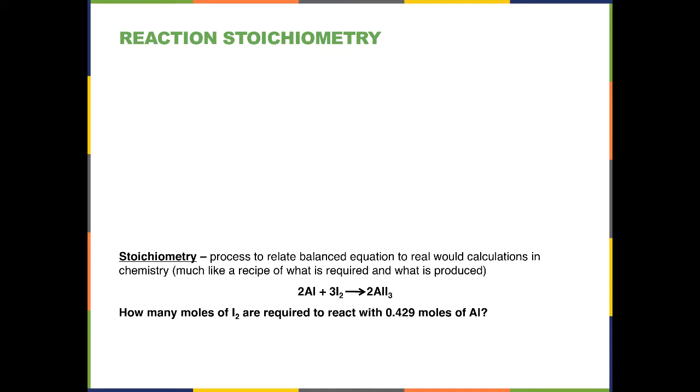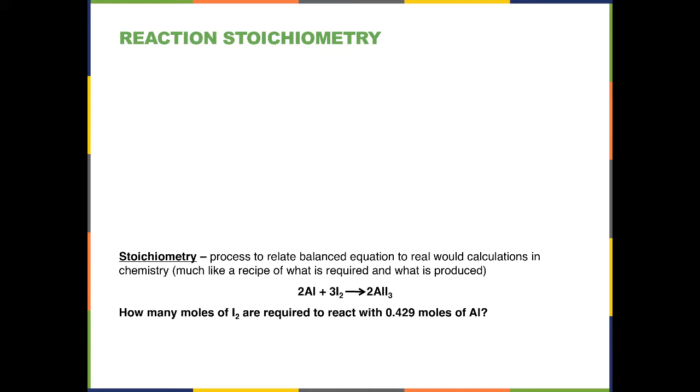And so what we can measure, if you remember from last week's lecture, we can measure moles. And remember that a mole represents a specific amount of the substance, but it also represents a specific number of molecules.